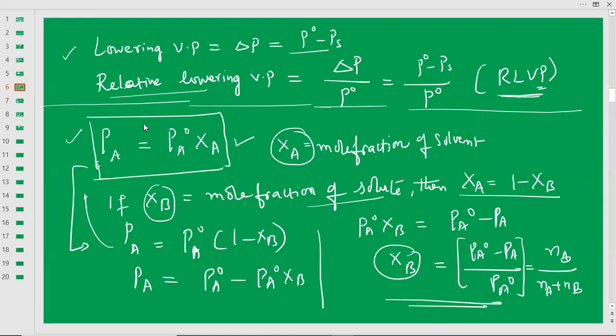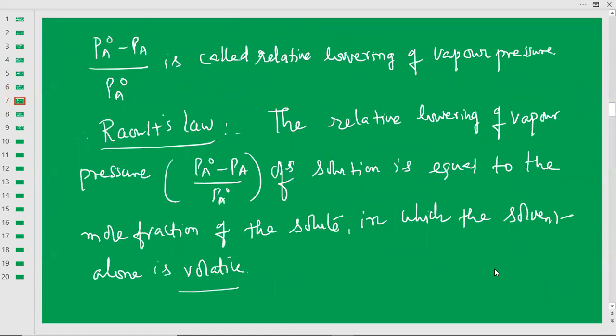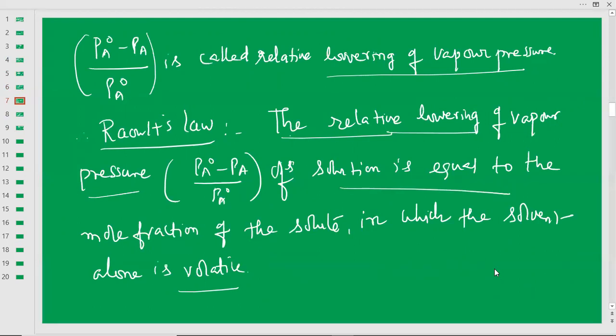We call PA naught is the vapor pressure of pure solvent, and that is equals to NB by NA plus NB, the mole fraction of solute. So at that juncture we call (PA naught minus PA) by PA naught is equals to relative lowering of vapor pressure. So this is what we call Raoult's law, that is stating that relative lowering of vapor pressure of solution is equal to the mole fraction of solute, in which the solvent alone is a volatile substance.